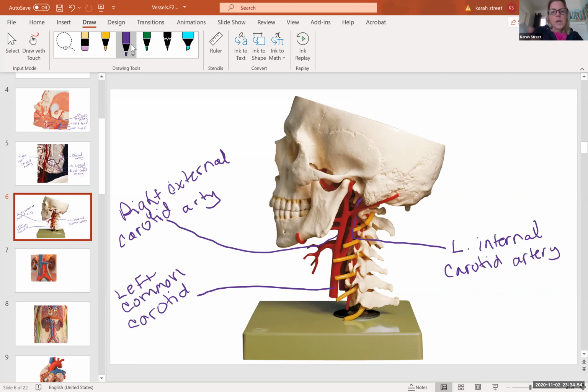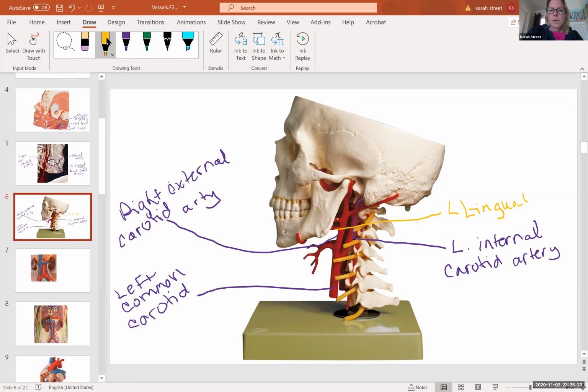And again, we can see the first two branches that are coming off of that external carotid artery that are going towards the face region. So this one, the more inferior one there, would be the left lingual, not fingual, honestly. Left lingual.